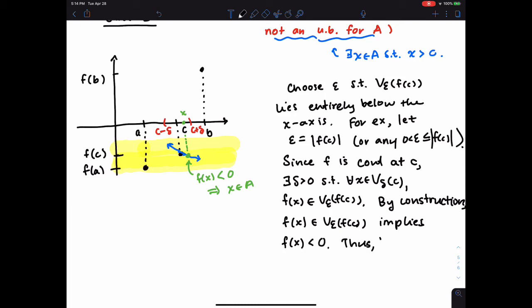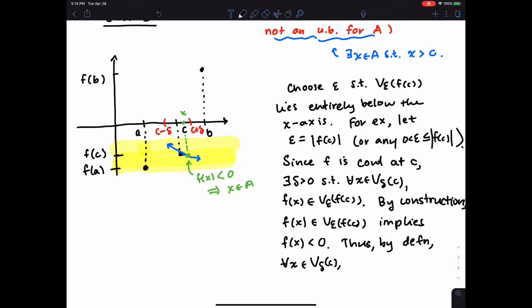Thus, by definition, for all x in V delta of c, f of x is going to be negative.